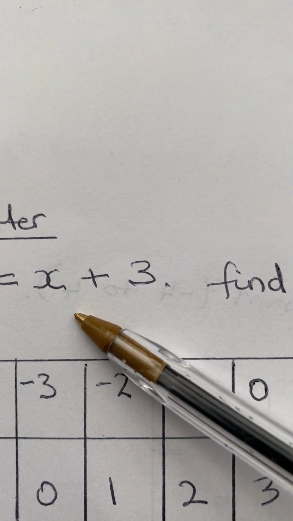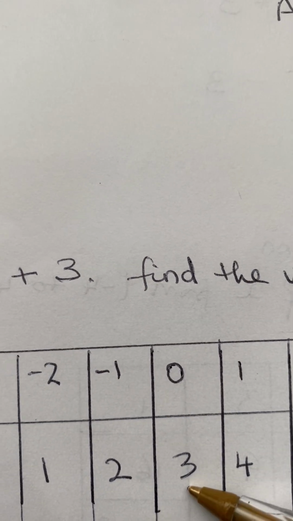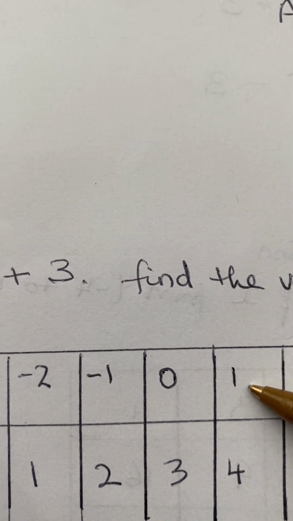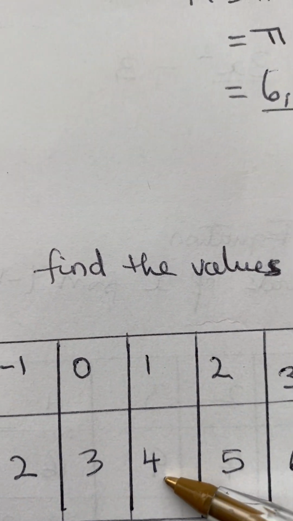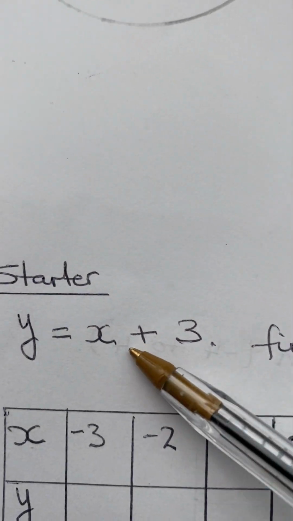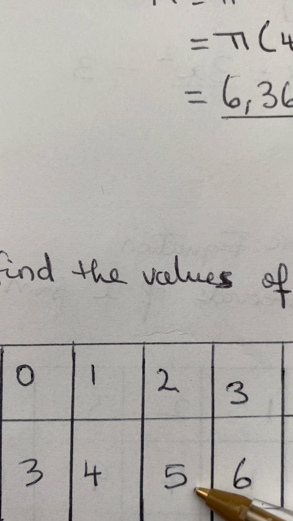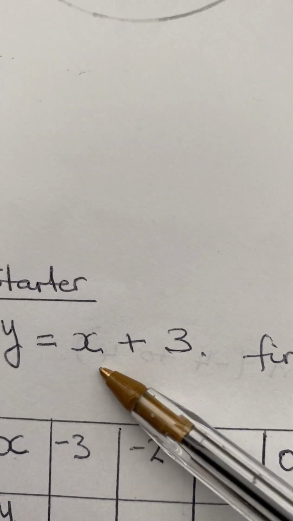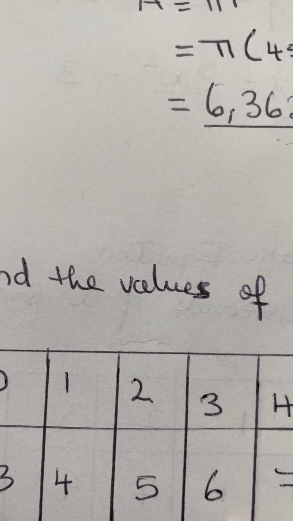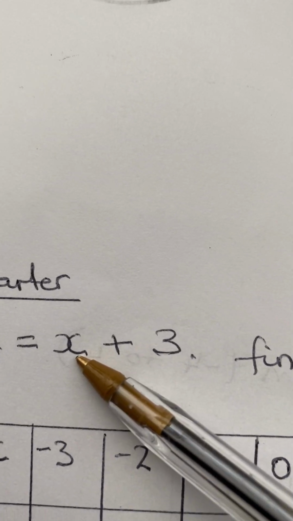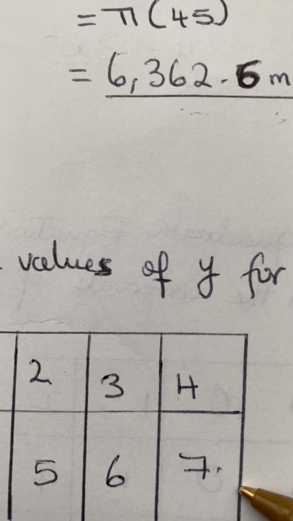When x is 0, 0 plus 3 is 3. When x is 1, 1 plus 3 is 4. When x is 2, 2 plus 3 is 5. When x is 3, 3 plus 3 is 6. When x is 4, 4 plus 3 is 7.